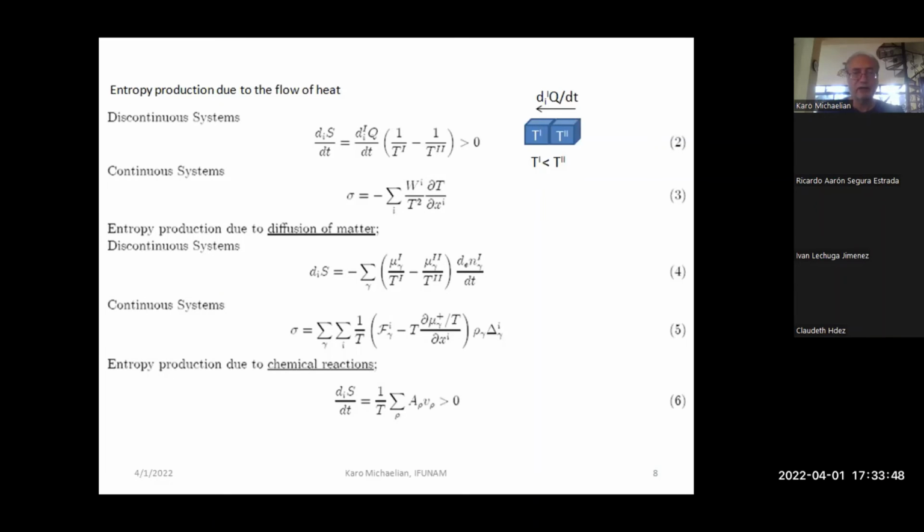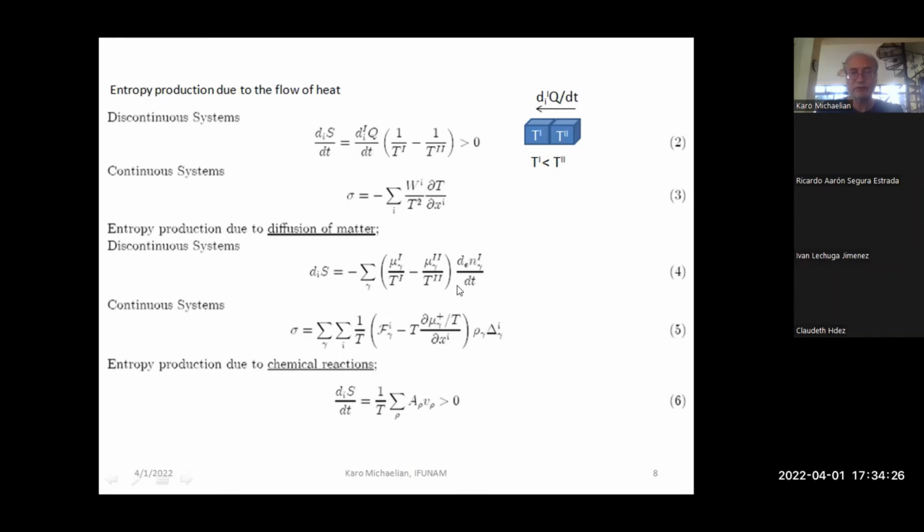Then we have mu1 over T1, which corresponds to the chemical potential over the temperature in this subsystem, and minus mu2 over T2, which corresponds to the chemical potential over the temperature in this subsystem, times the flow of material. So this is the flow of material into system 1, and it would be coming from system 2, which is considered here as the external environment of system 1. So that's why it's written as d subscript E and 1 gamma by dt.